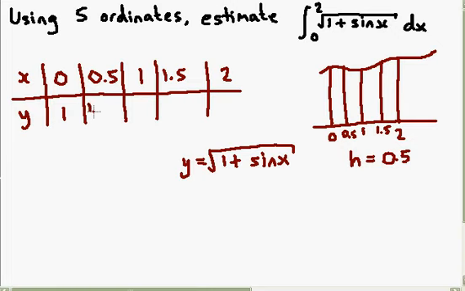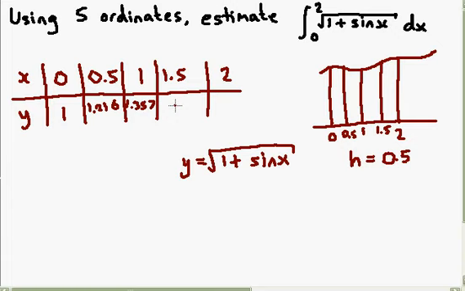So 1.216. Now when x is 1, square root of 1 plus sine 1 is equal to 1.357. Okay, just for the record, I am using radians here, just so you're aware of that.